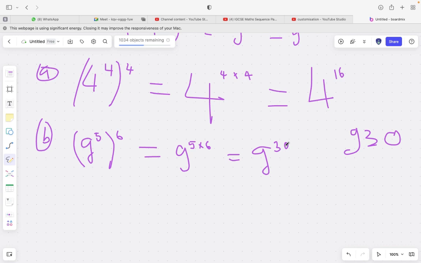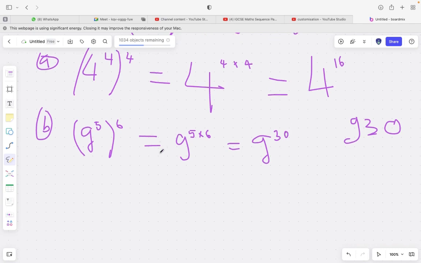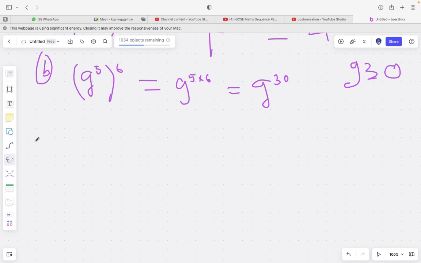Is that okay? Now let's take a few cases where we need to apply these laws, probably together with other laws. Let's say problem 1.